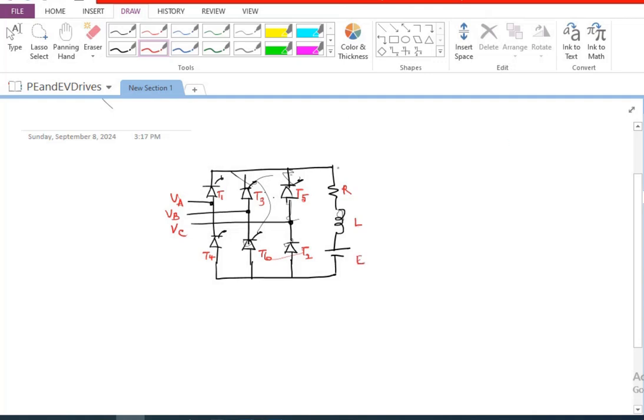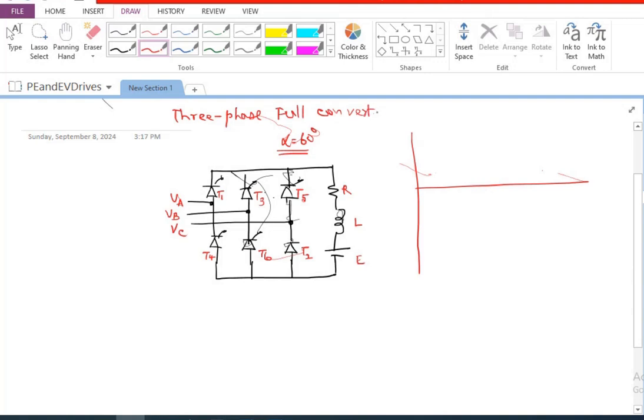Now, let me try to draw the voltages again. And let me take alpha equal to 60 degrees itself. So let me write: three-phase full converter feeding RLE load.